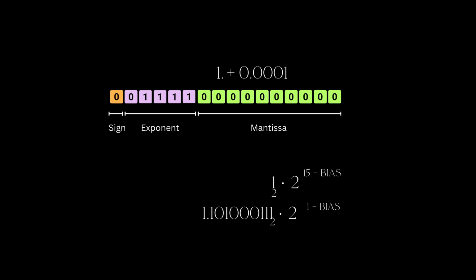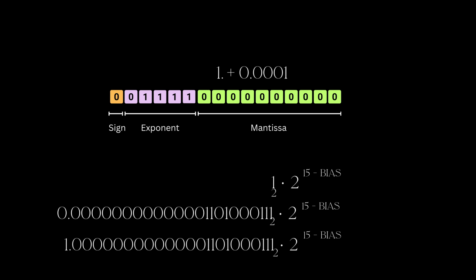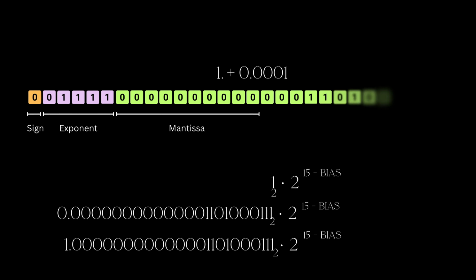So for 2 raised to the power 1 minus bias, we'll have to increase its exponent by 14 to get to 2 raised to the power of 15 minus bias, which means the radix point will shift 14 places to the left, or you can say that the mantissa bits will shift 14 places to the right. Once we do that and add the two, those shifted bits fall well beyond the 10-bit mantissa precision of FP16, so their contribution is lost. As a result, the sum remains 1. The small addition of 1e-4 has no effect.